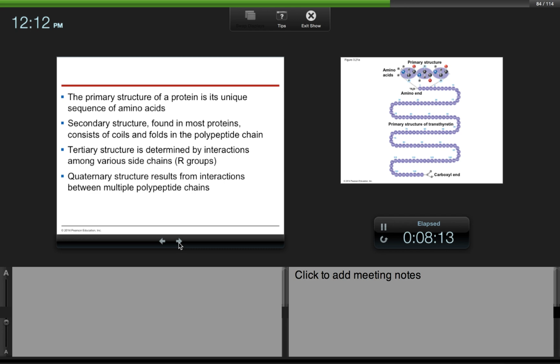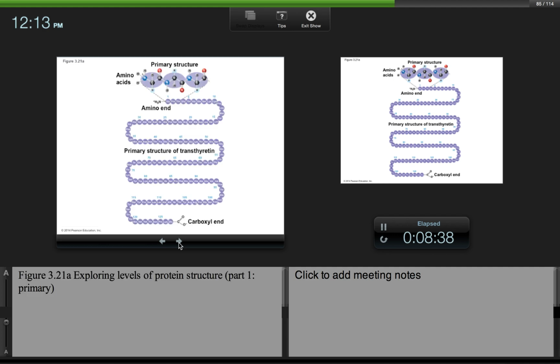And then your tertiary structure is determined by interactions among various side chains. Those include hydrophobic interactions, ionic bonds, disulfide bridges, hydrogen bonds. And then lastly, quaternary structure results if you have more than one polypeptide chain interacting together with those same bonds as the tertiary structure.